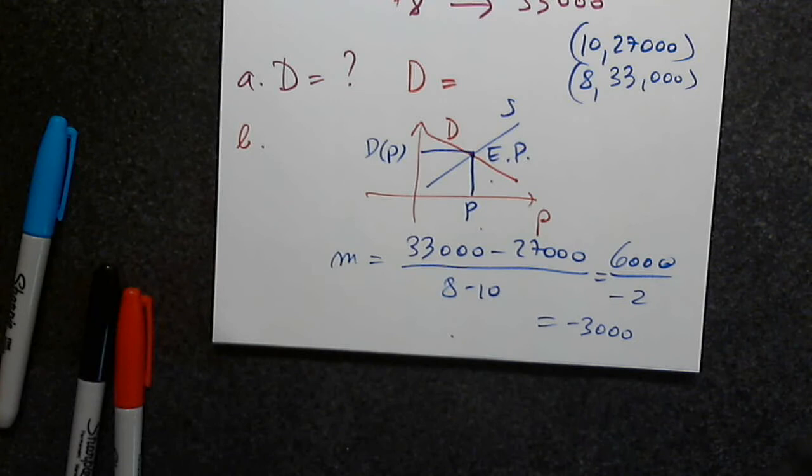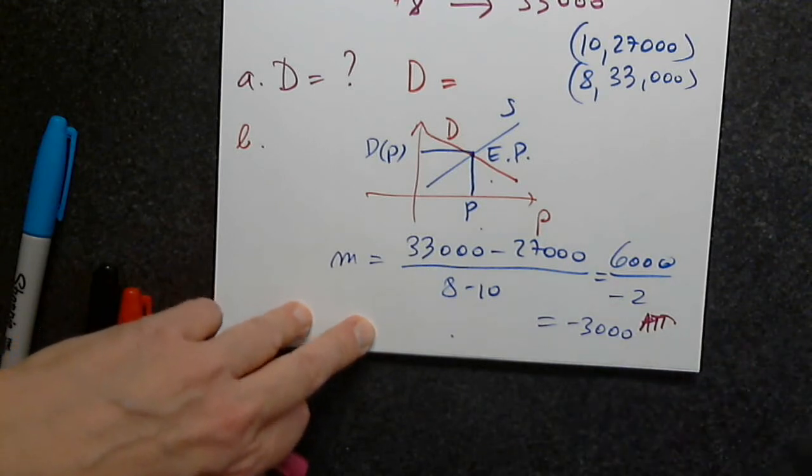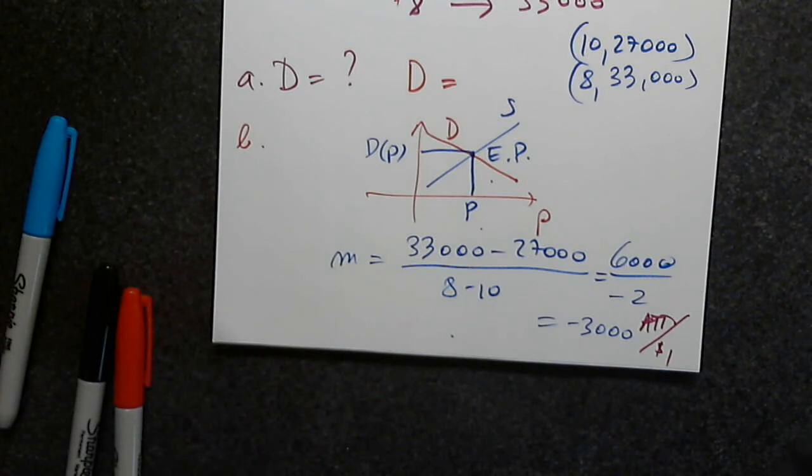per dollar, right? For each dollar we increase the price, the attendance drops by 3,000. So it's spectators or attendance, it should be spectators, per dollar. Every dollar increase makes the attendance drop by 3,000 people.